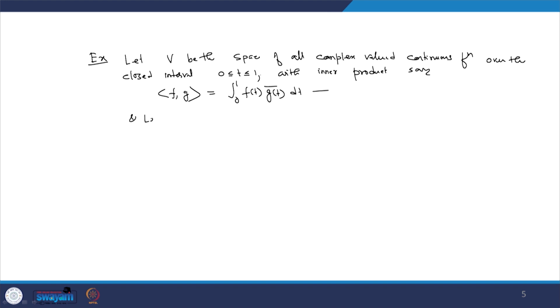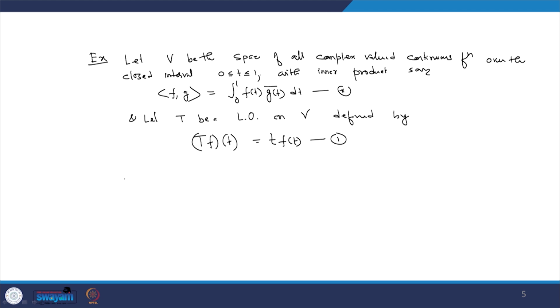And let T be a linear operator on V defined by T of f of t equal to simply t into f of t. Okay, this is my inner product, this is my operator.